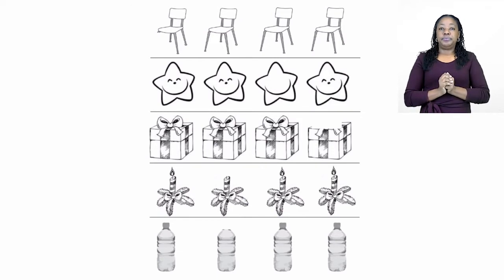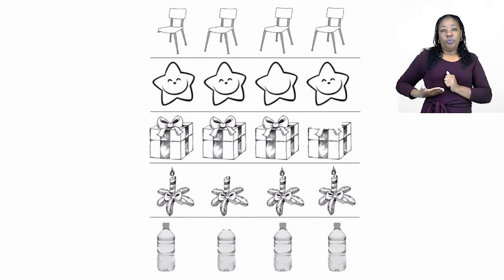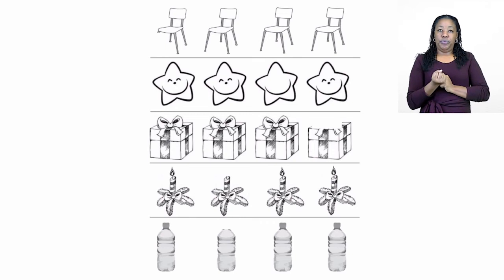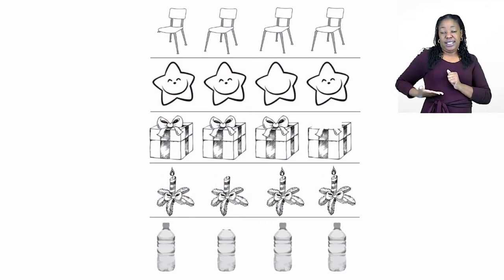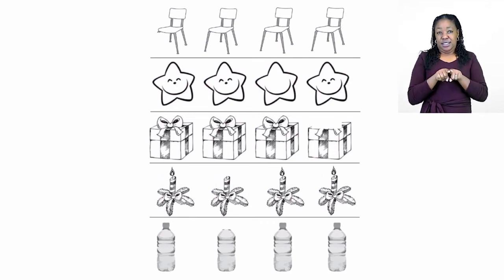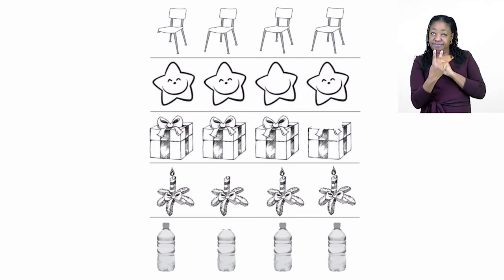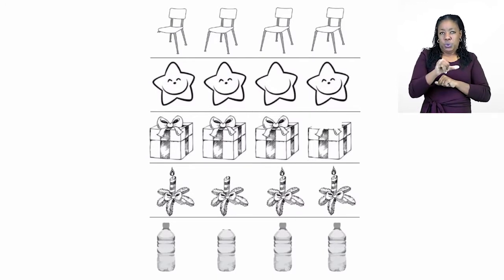We have 4 beautiful chairs there, but not all the chairs are the same. Take a good look at the chairs. Can you see the difference with one of the chairs? Yes, the first chair has only 3 legs on it and not 4 like the rest. So this must mean that this is our different one.